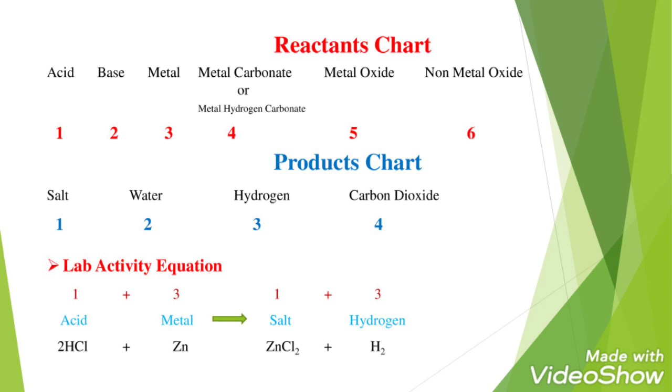Salt is number 1 in the products chart and hydrogen is number 3. So 1 plus 3 gives rise to 1 plus 3. This is the pattern I created so that students can learn excitedly, see the beauty in the arrangement, and practice easily with this chart.